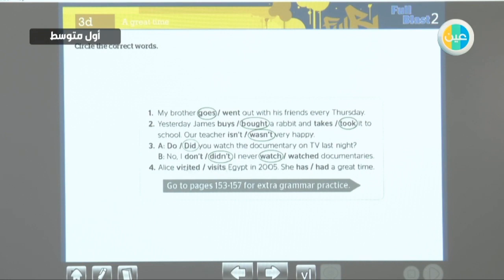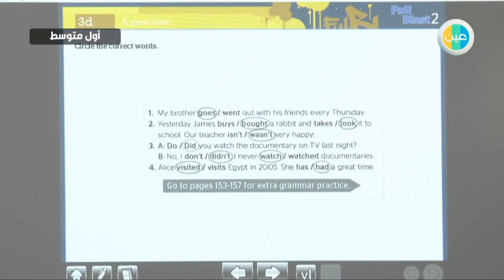Of course, visited. Alice visited Egypt in 2005. She has or she had a great time when she visited Egypt. I'm still talking about the past, that happened in 2005. She had. Very good. She had a great time.